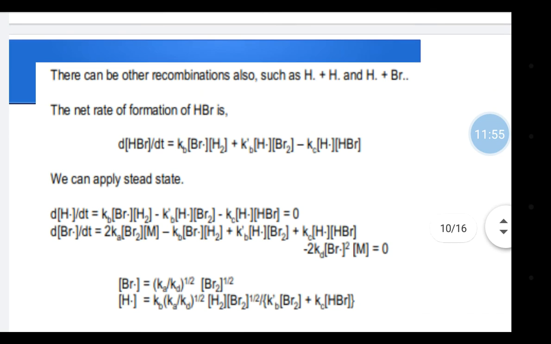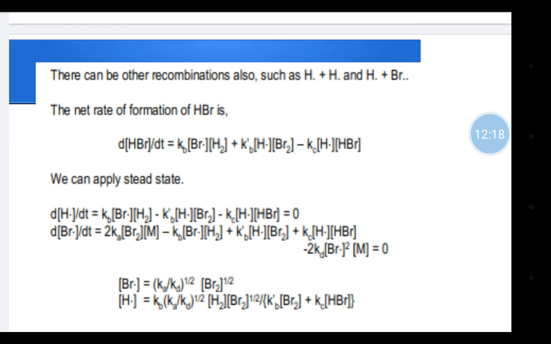Now, there can be other recombinations in addition to the one that is given, like H• may react with H• or H• may react with Br• and so on. Now, the net rate of formation of HBr will be d[HBr]/dt.